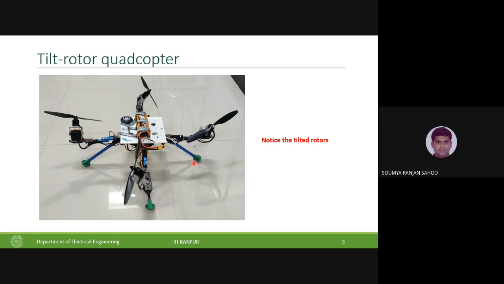Now, why do we want to do this? The motivation for this was, for example, let's say that you are surveying a horizontal structure with the camera mounted on the front side, and you are moving sideways. Let's say this front propeller direction is the x-axis.